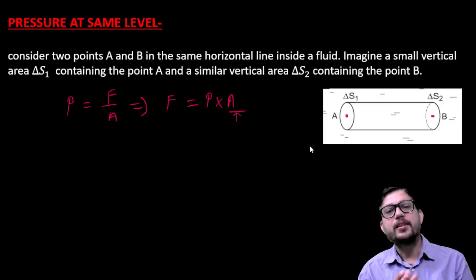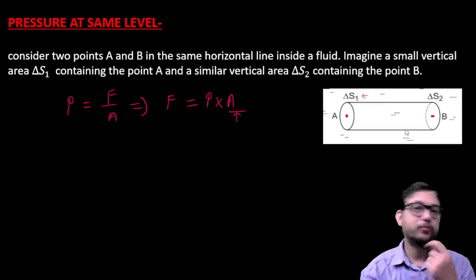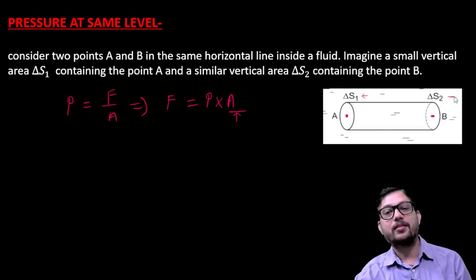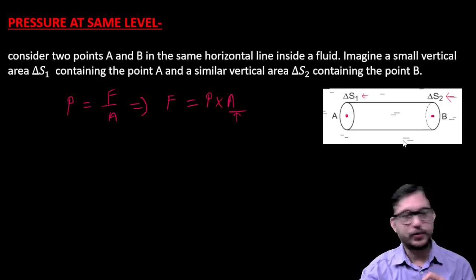Here point A is covered by the cross sectional area delta S1, and point B is covered by the cross sectional area delta S2.